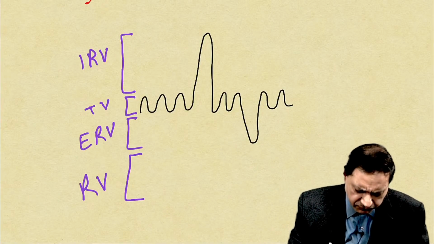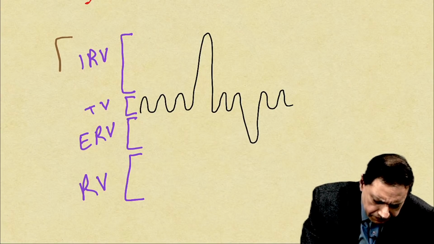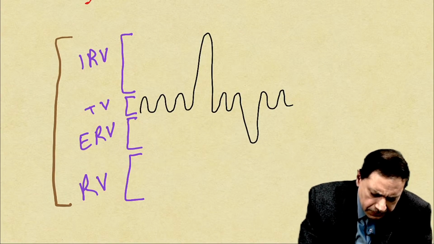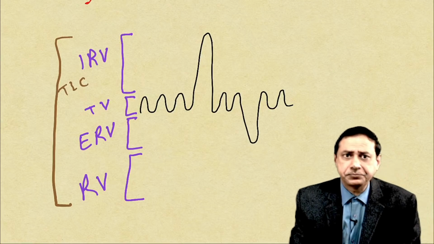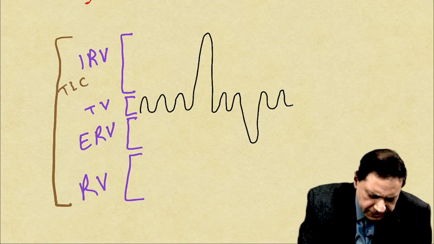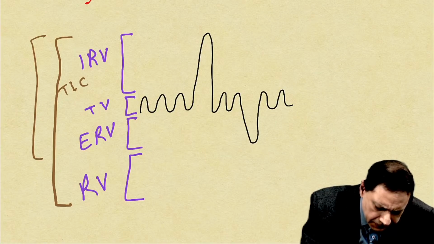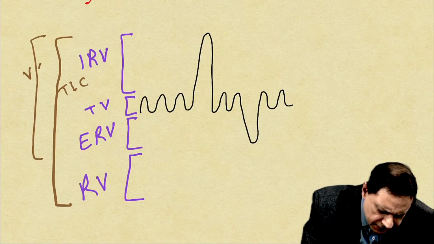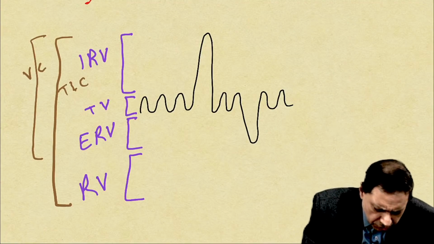And then we have 4 capacities also. What is this? Total lung capacity, TLC. What is this top 3? Vital capacity, VC. What is this bottom 2?